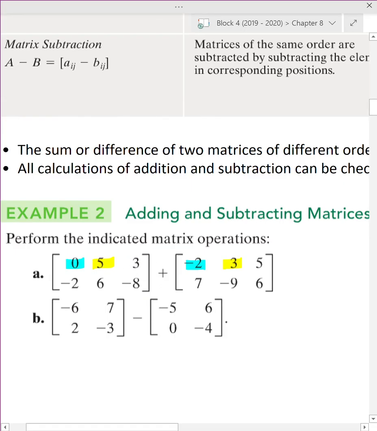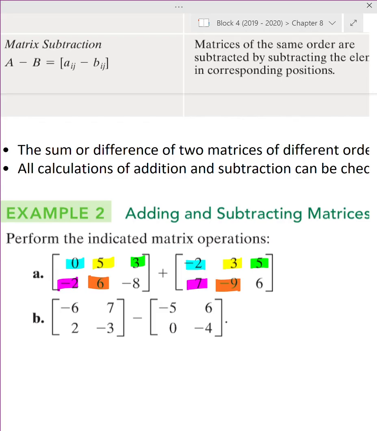Oh, hold on. 3, 3, 3 and 5. -2, 7, 6, and -9, and then the -8 and 6.